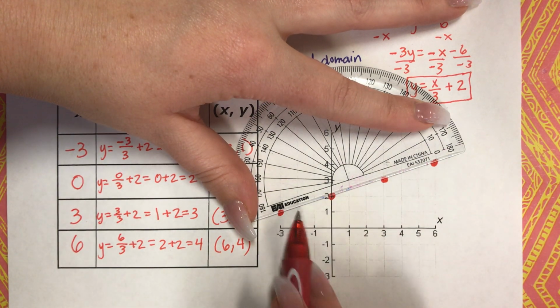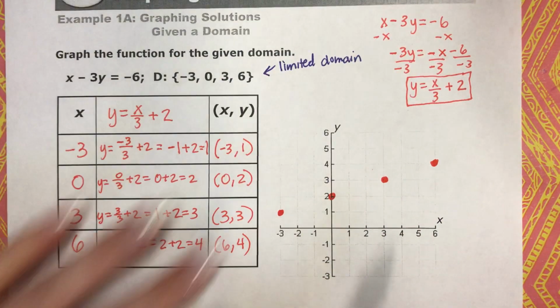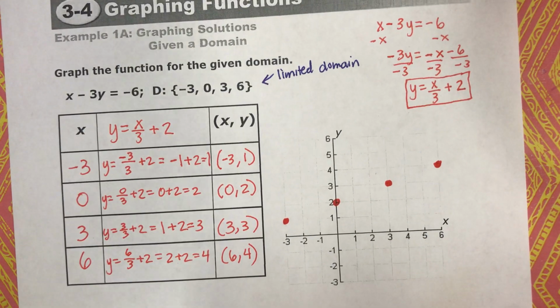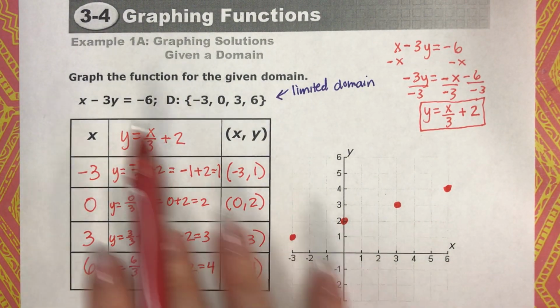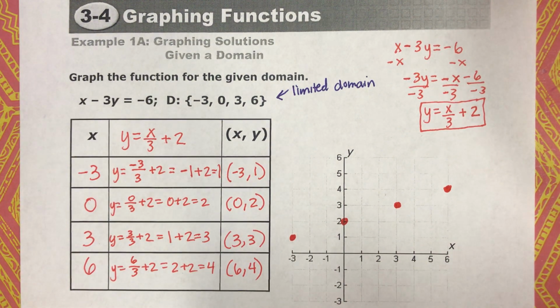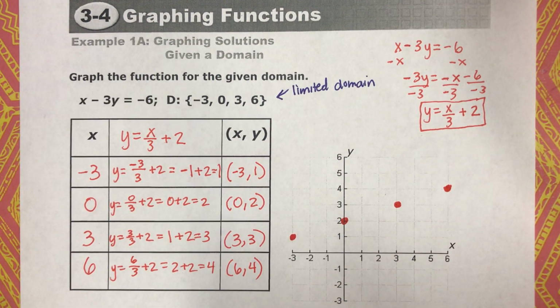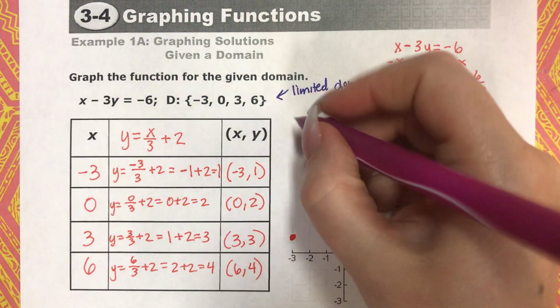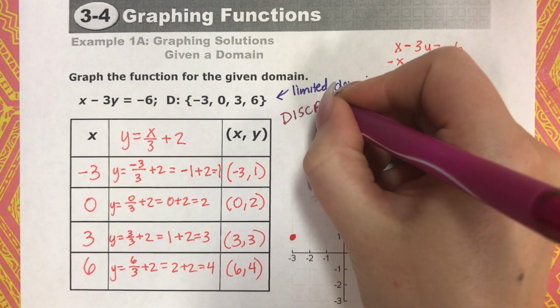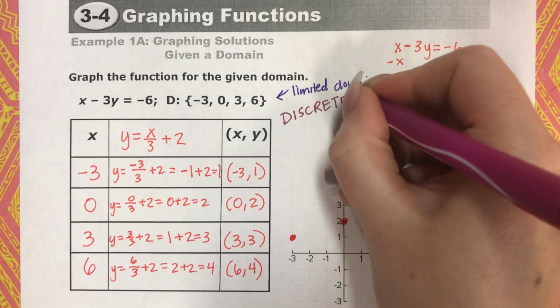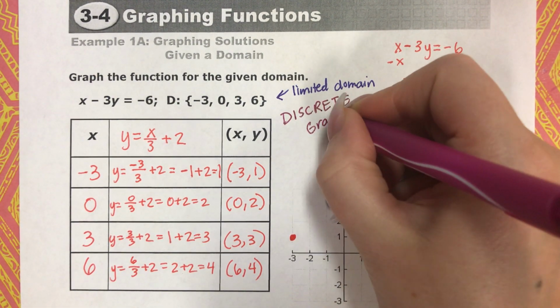I could draw a line. However, I'm not going to draw a line, and the reason is because it's giving me this limited domain. So when they give you a limited domain like this, what you're going to be dealing with is a discrete graph. Okay?